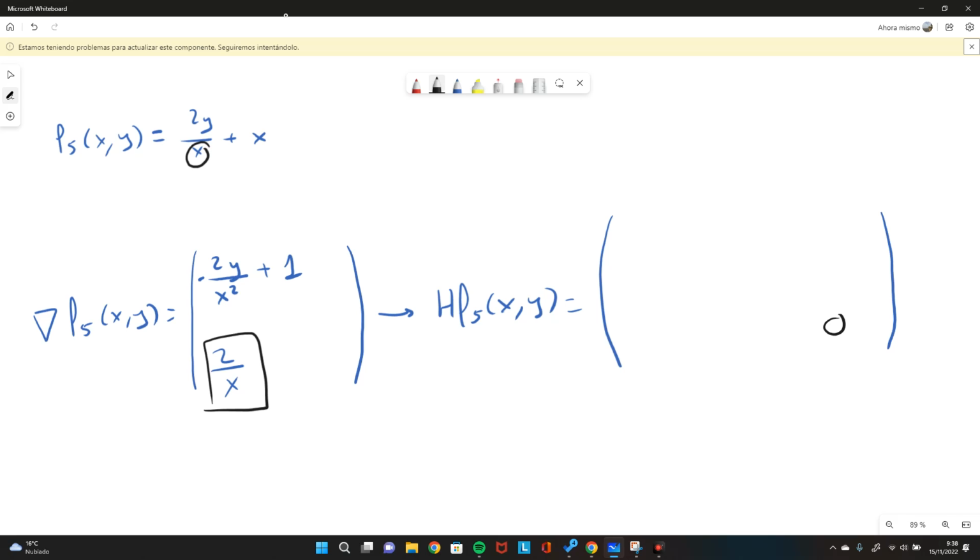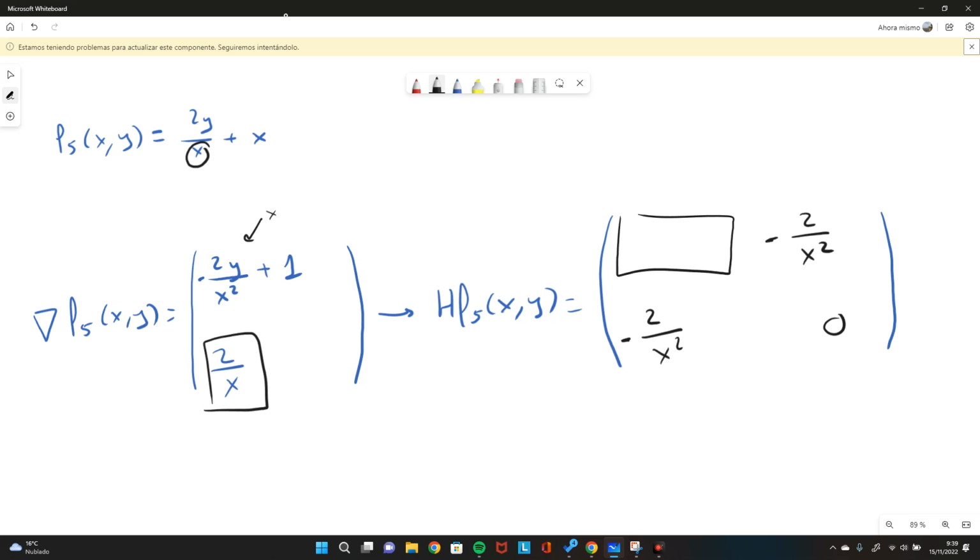With respect to x, it is minus 2 divided by x squared, which is the same as performing the derivative with respect to y here, because with respect to y this is just minus 2 by nothing, and x to the power of 2 is just a constant, and then plus 1 is plus nothing. What about the derivative of this one with respect to x?